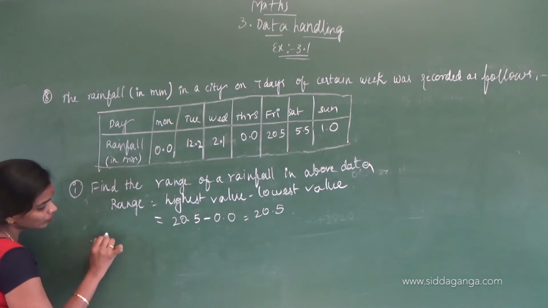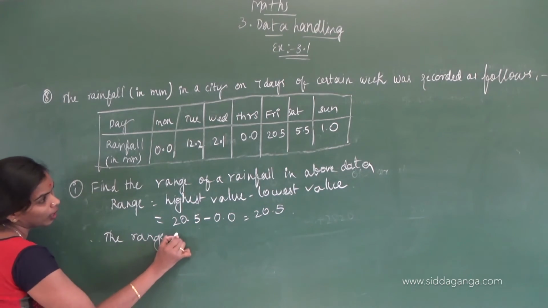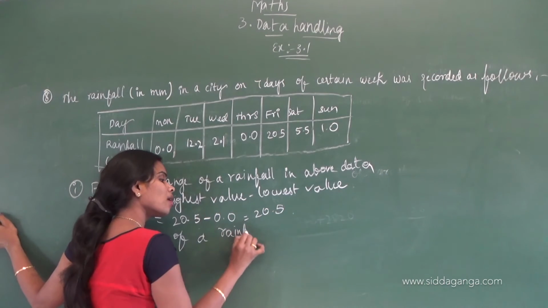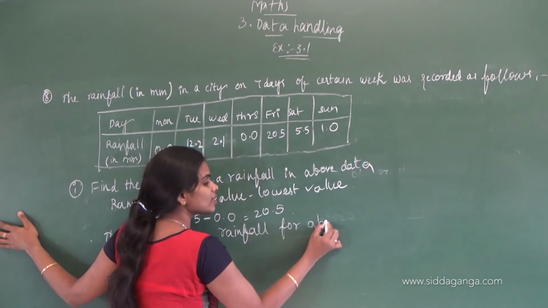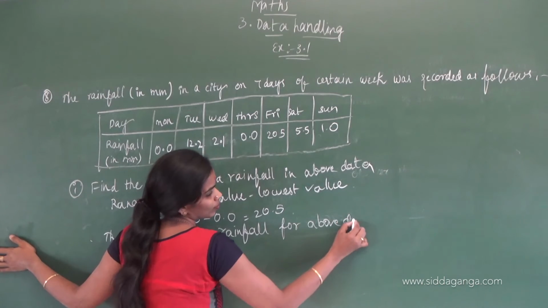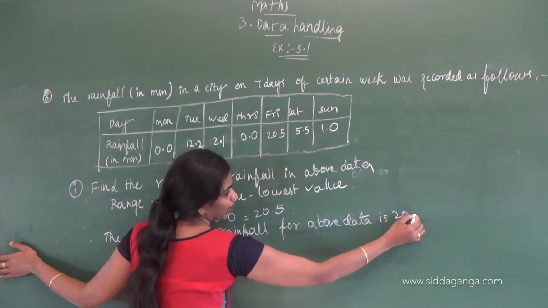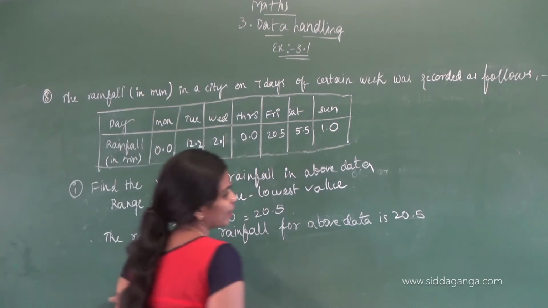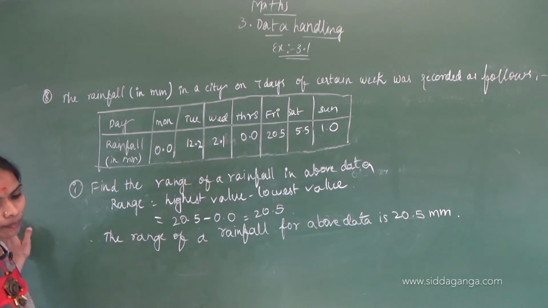Therefore the range of the rainfall for above data is 20.5 mm. Units you have to write.